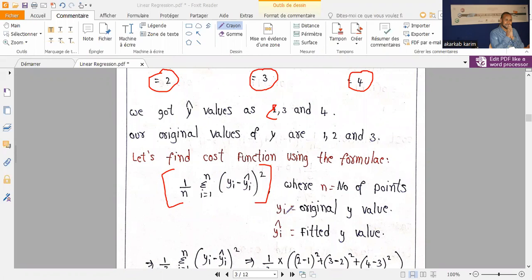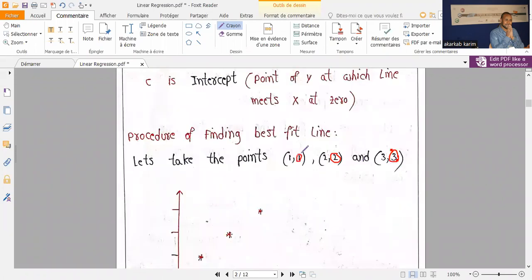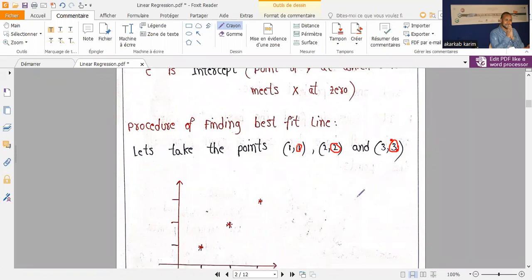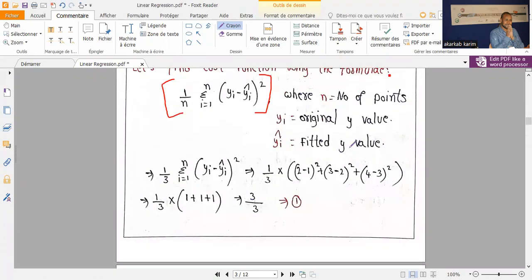And as I said before, y_i is the original y value. So in this case, this is my original values we have here, 1, 2, and 3. And y hat is the predicted values, the fitted y values.